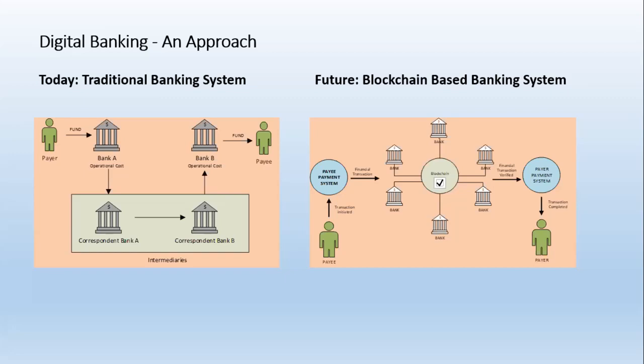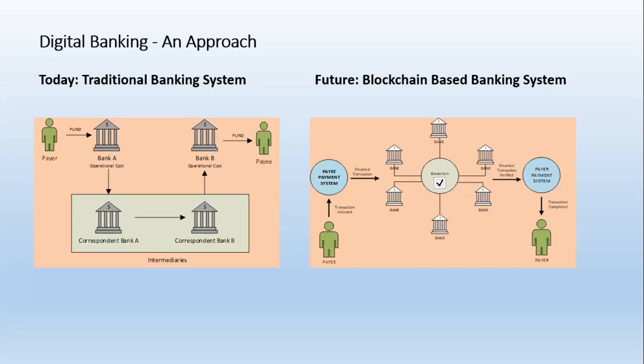Whereas if you look at a blockchain based banking system, everything is controlled by the blockchain network. There will not be a central authority or middle person here, middleman. So when person A wants to send money to person B, every piece of information is captured by the blockchain network. And finally, the payment succeeded.